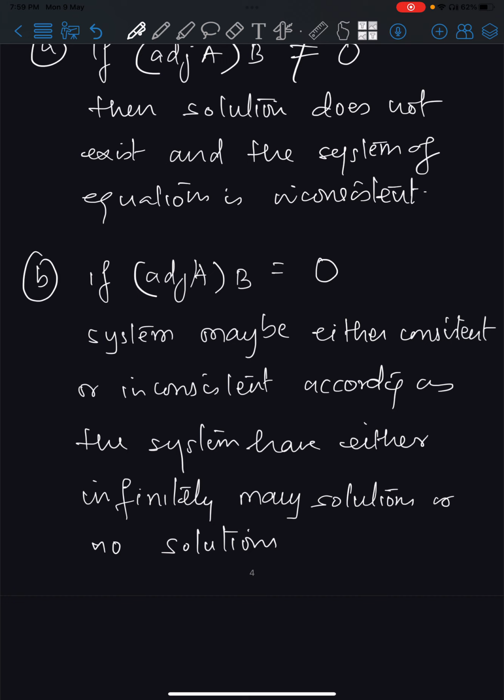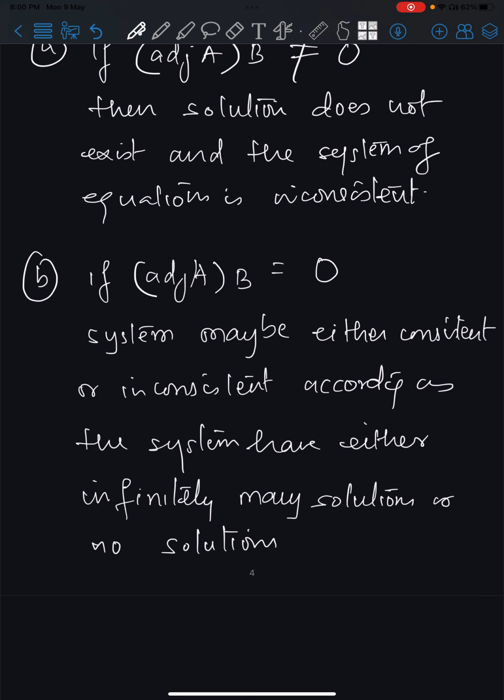So there are two things. If adjoint A into B is equal to 0, then it can be either consistent or inconsistent. It depends on whether it has no solution, meaning inconsistent, or infinitely many solutions, meaning it is consistent. Earlier in the definition, I told you consistent means the system of equations can have either one solution or many solutions. In both cases, the system will be consistent, whether a unique solution or infinitely many solutions. And inconsistent means no solution.